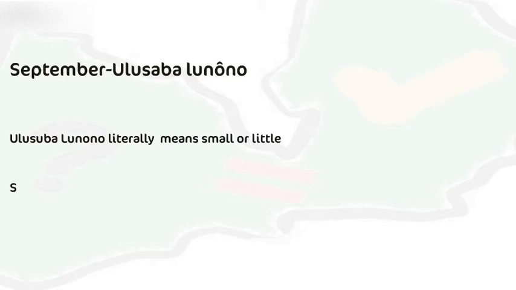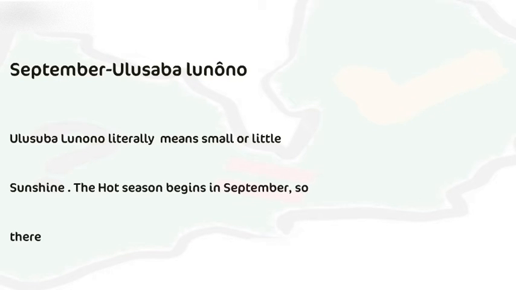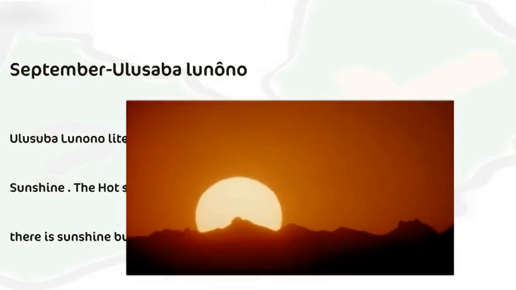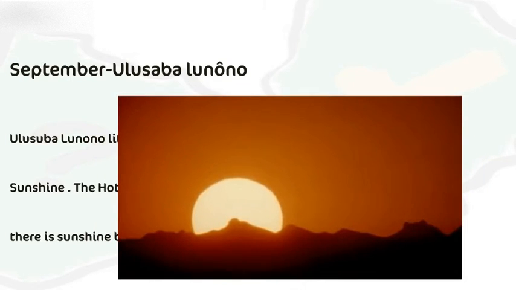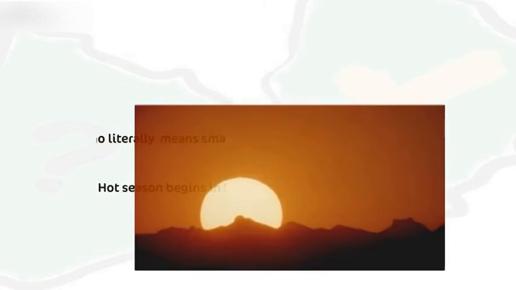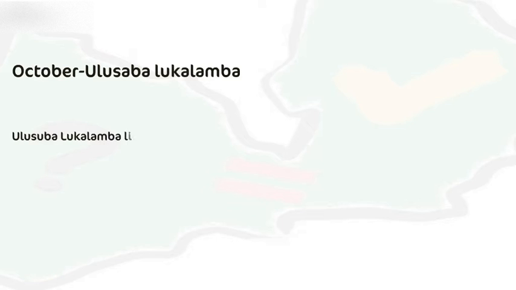September is called Ulusuba Lunono. Ulusuba Lunono literally means small or little sunshine. So the hot season begins in September. So there is sunshine, but it is not very hot. October is called Ulusuba Lukalamba.